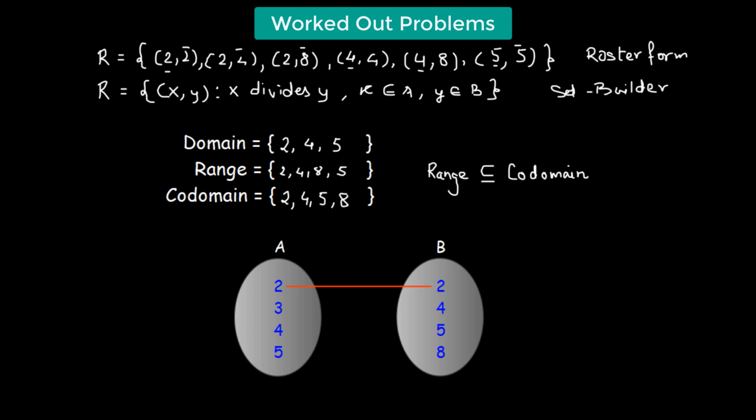So we draw an arrow going from element 2 to element 2 in set B. We should also specify the arrow, so this is going from set A to set B. Then we have 2 also going to the element 4. So we'll draw another arrow going from the element 2 in set A to element 4 in set B. And then we have an arrow going from 2 to 8.